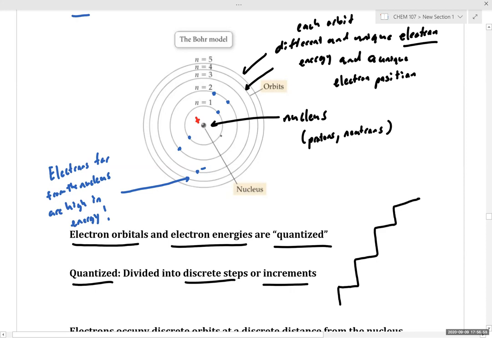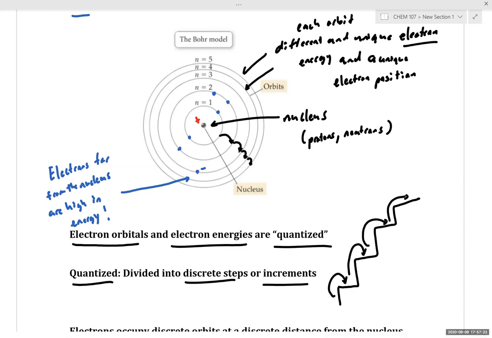So does everyone notice how these orbits are at certain distances? We can theoretically move between our orbits, just like climbing up a set of stairs, but we can only occupy these discrete orbits, these discrete positions and energies. Does that make sense?